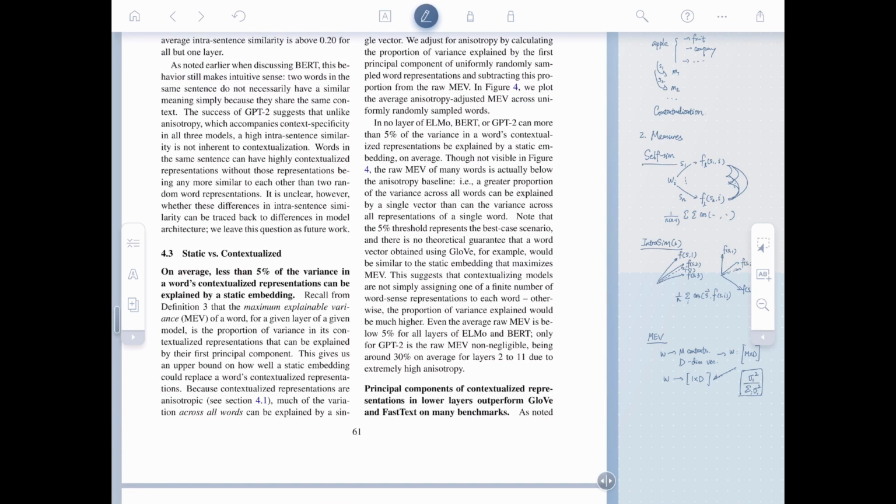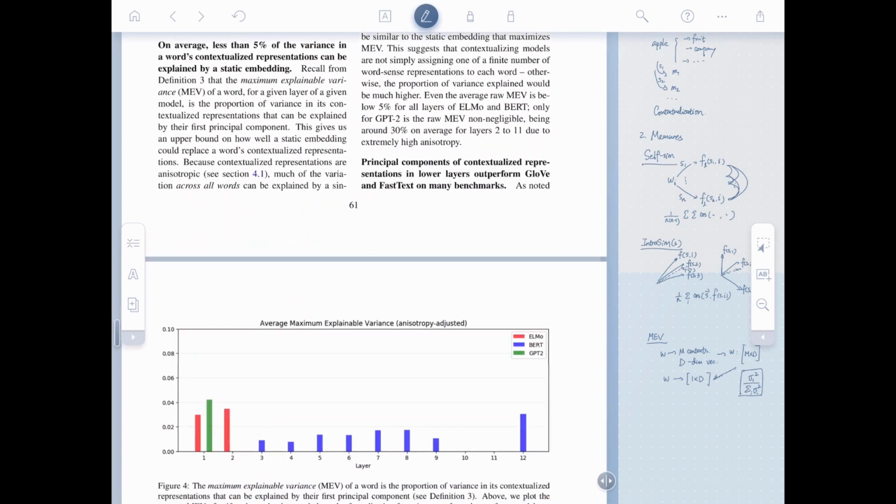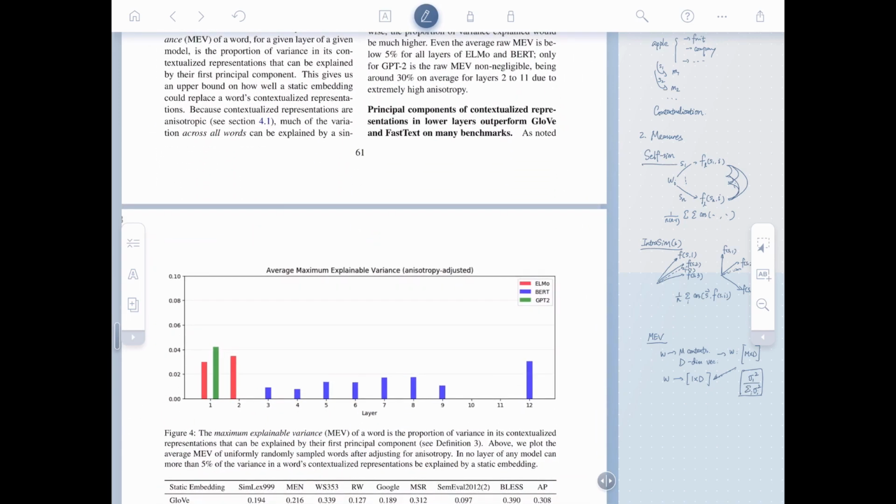In addition, the author discusses some connections between the contextualized word representations and static embeddings. On average, less than 5% of the variance in a word's contextualized representation can be explained by a static embedding. Also, the principal components of contextualized representations in lower layers outperform GloVe and FastText on many benchmarks.